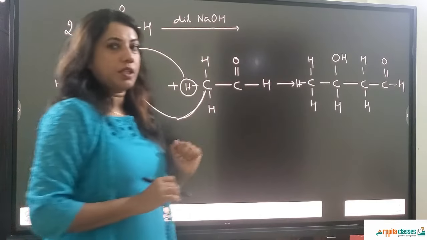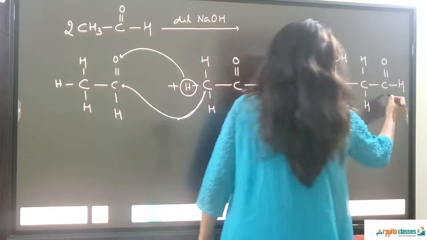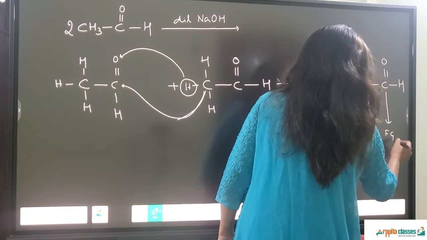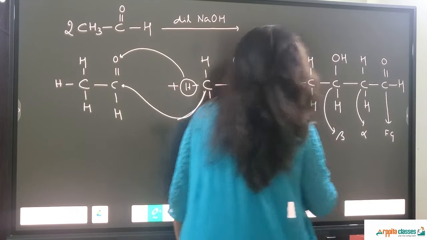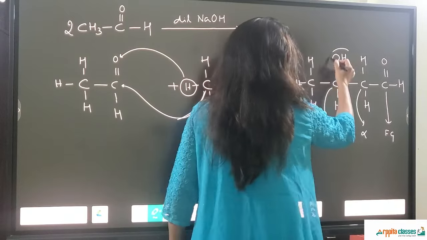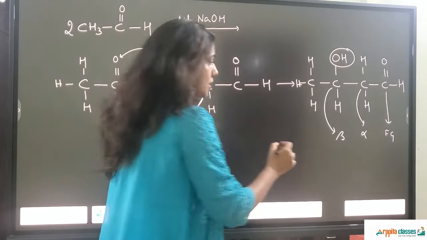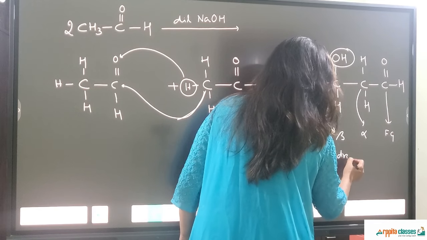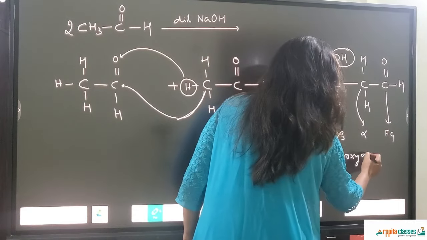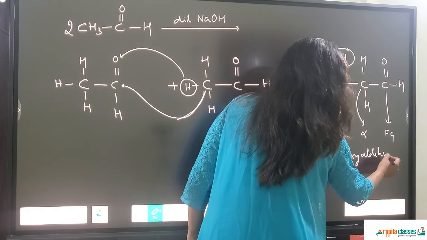This is the product. See, this is my functional group, this is my alpha carbon, this is my beta carbon. In the beta carbon there is a hydroxy group, so this is called beta hydroxy aldehyde.